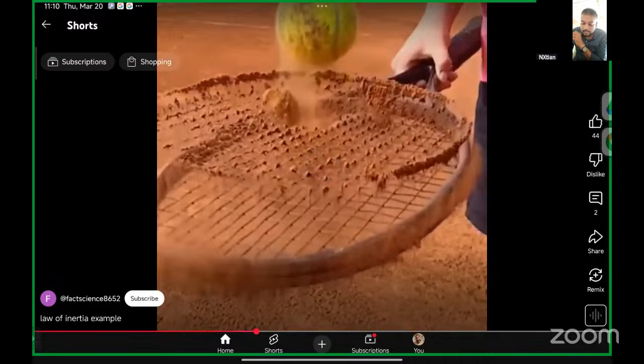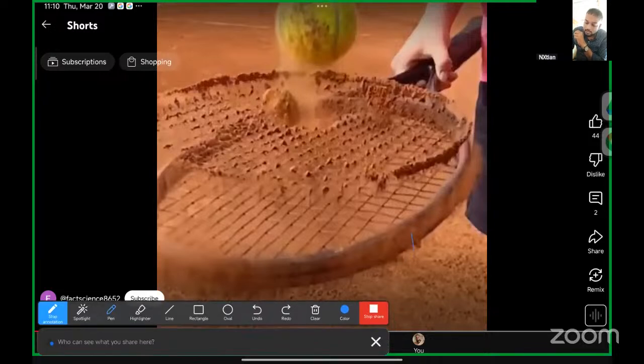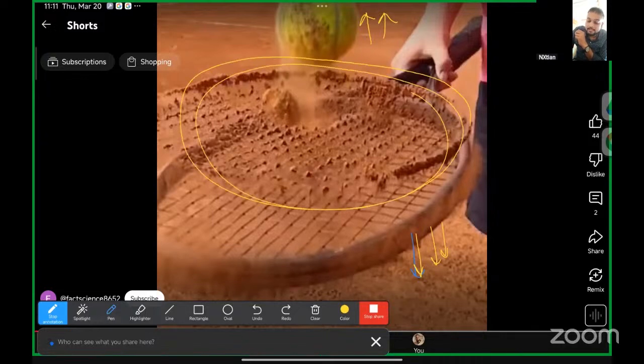Now you can see the racket goes in the downward direction. Can you see that? The ball is going in the upward direction. But some dirt remains at the same position. Why?